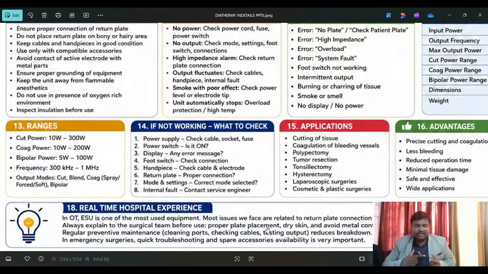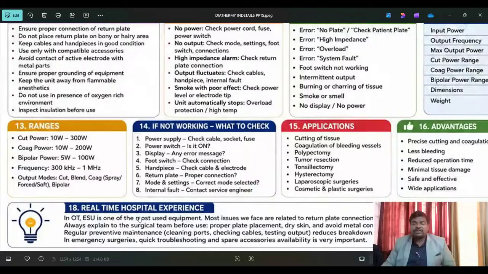As a biomedical engineer, if you follow all the structures and instructions, definitely at the end of the day you will become a good biomedical engineer, everybody will trust you, and you can provide services instantly. Now, one experience I want to share with you all. In the OT, the ESU is one of the most used equipment.